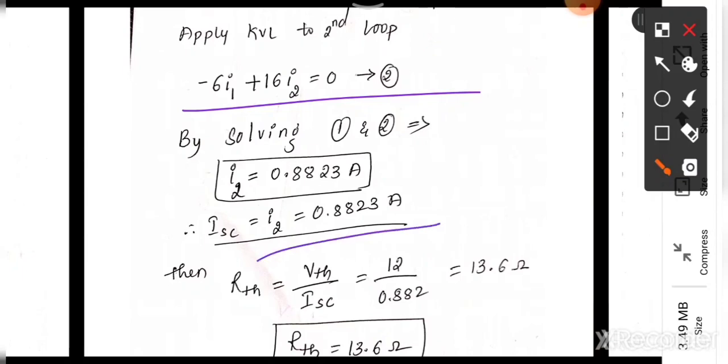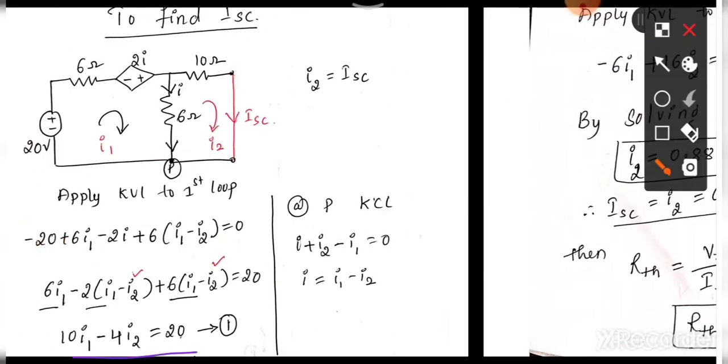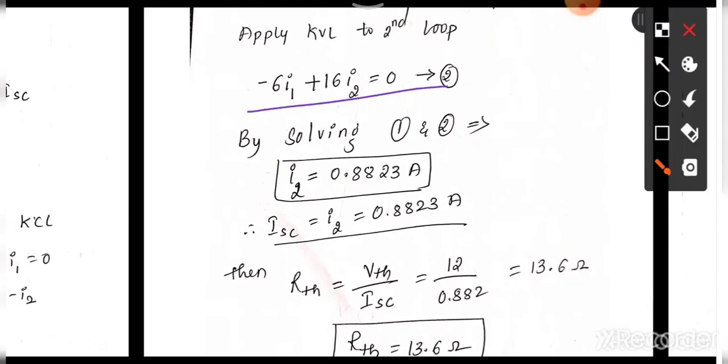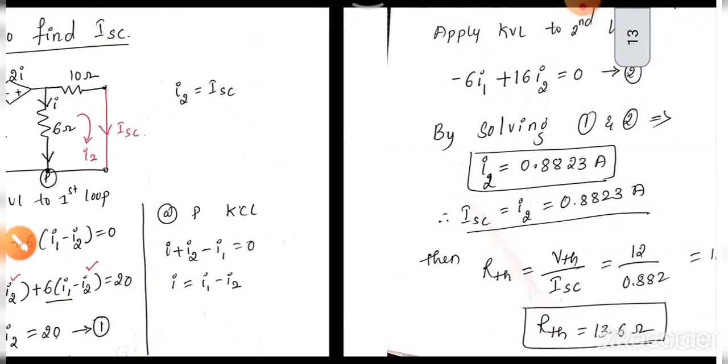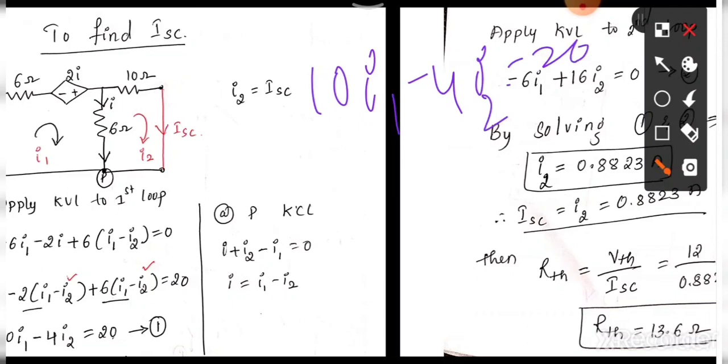So you have two equations: one is 10I1 minus 4I2 equal to 20, and the other is minus 6I1 plus 16I2 equal to 0. You can easily solve these.